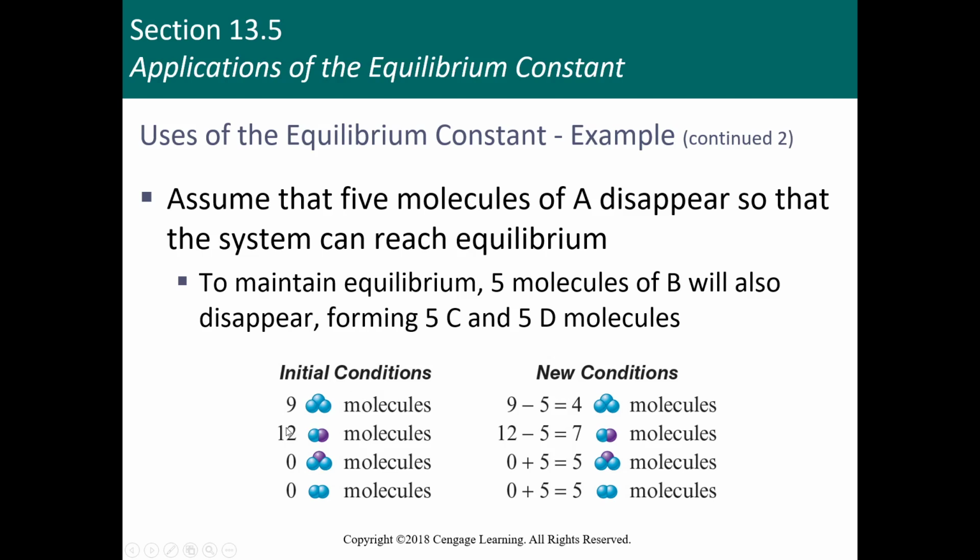We have 5 of these ones disappearing because we have a 1-to-1 ratio being used of our reactants to give us a remainder of 7. Now, again, for every one of these that's used, we get 1 of each of these. So that means if we have 5 of these being used, we're going to gain 5 of each of these. And so we get 5 of each of these molecules, C and D, out.